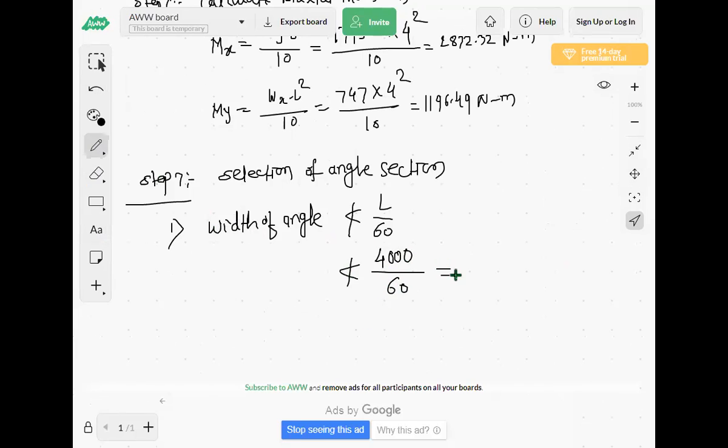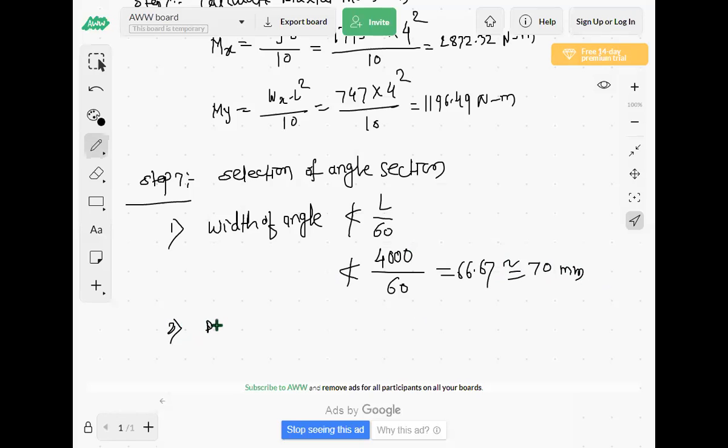So how much will it be? 66.67. It means we will assume 70 mm. So width should not be less than 70 mm.